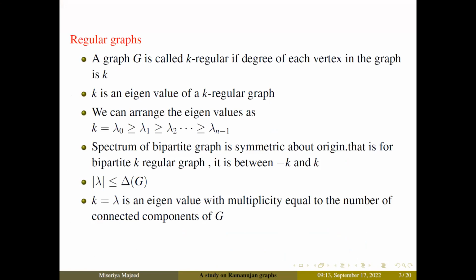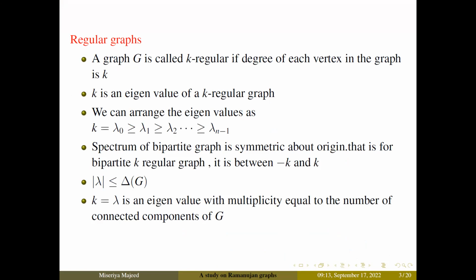Now, expander graphs are regular graphs, so we can look at the spectrum of regular graphs. Then k is an eigenvalue of a k-regular graph. We can arrange the eigenvalues of that graph as k equal to lambda 0 greater than or equal to lambda 1, etc., lambda n minus 1. The spectrum of a bipartite graph is symmetric about the origin.